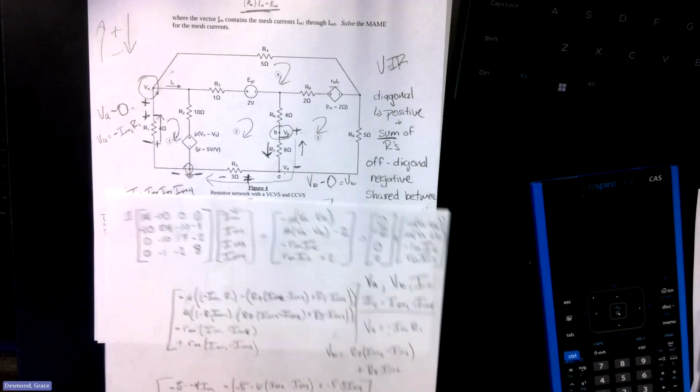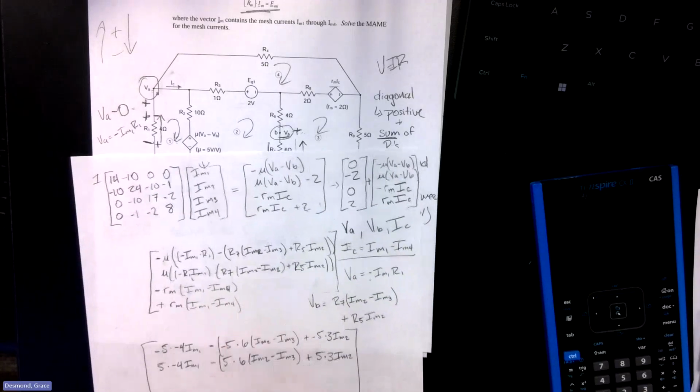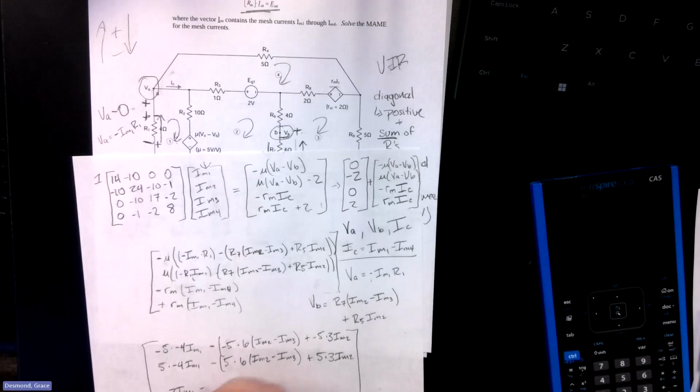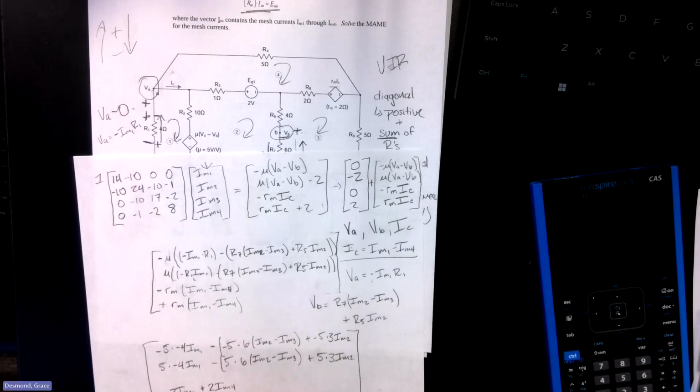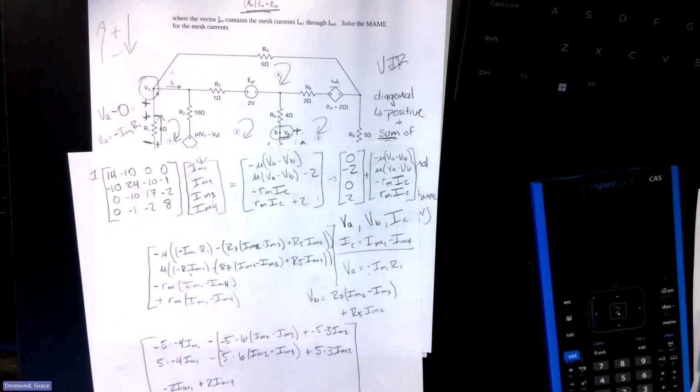Cool. RM is 2. So then we just have 2 IM1 minus, plus 2 IM4. Then we have IM1 minus IM4. Gross. But we're here.